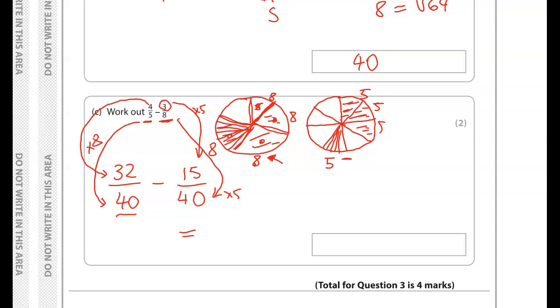So 32 take away 15 gives us 17. 17/40. We're not changing the number of small slices now, so that's why that stays the same. So 17/40 would be the answer.